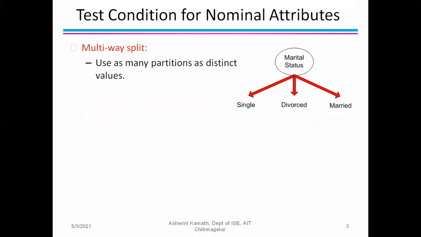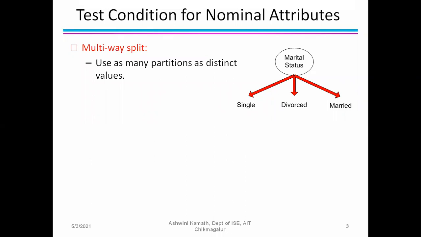To check that, we have taken this example, right? In that, one attribute is marital status. In marital status, we have 3 values, right? Single, divorced, and married. So use each as one branch of the tree. Okay, use each value as one branch of the tree.